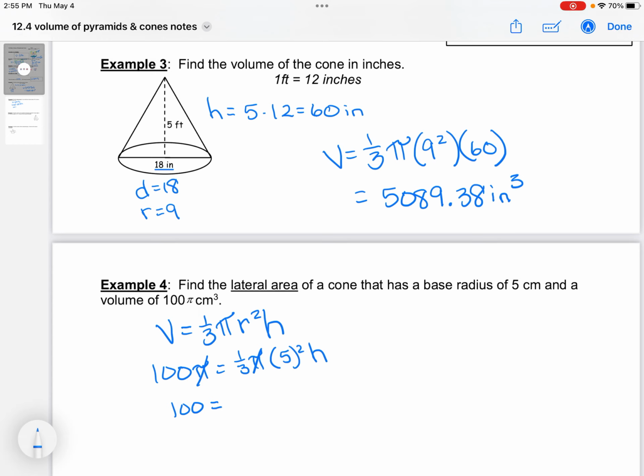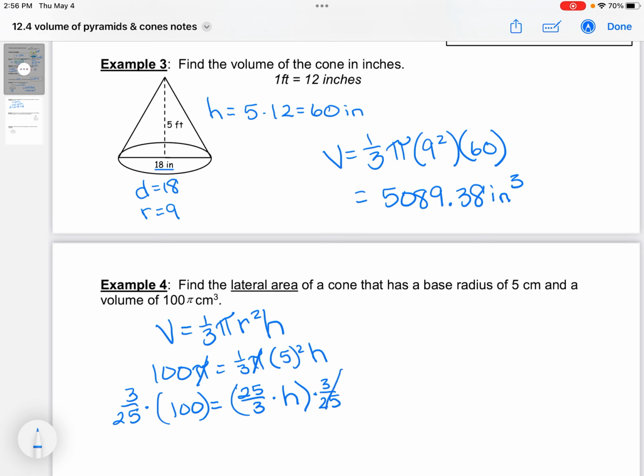All right, the pi's cancel out. So I have 100 equals 25/3 times h. So basically, I put my 25, my 5 squared over 3 to make a fraction. And the nice thing is that when I do that, I can just multiply by the reciprocal.